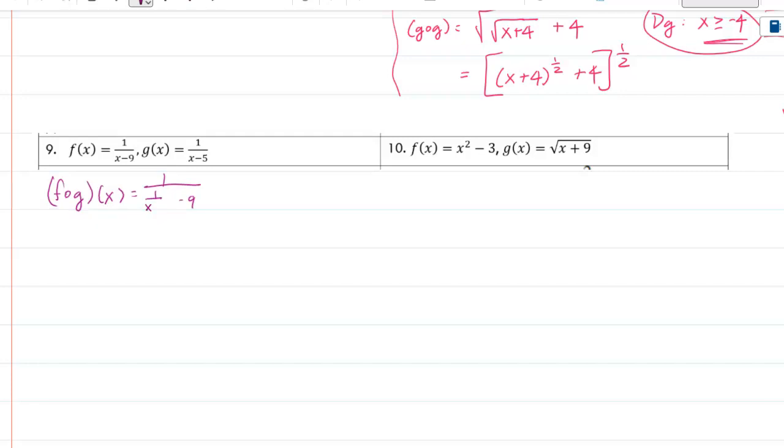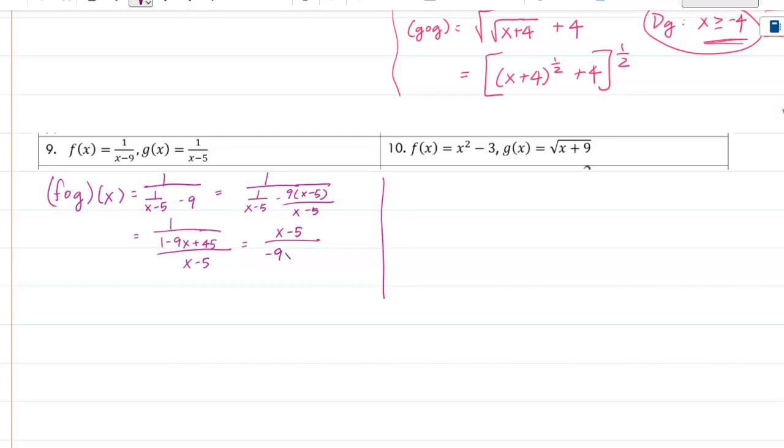Take -9, x minus 5 in it. That's going to be 1 over x minus 5 minus 9, x minus 5 over x minus 5, which gives me 1 over 1 minus 9x plus 45, over x minus 5, which is just going to be x minus 5 over negative 9x plus 46.